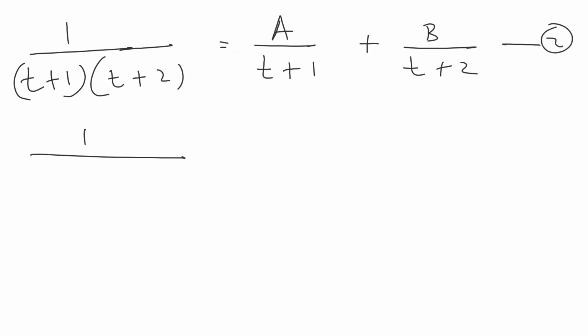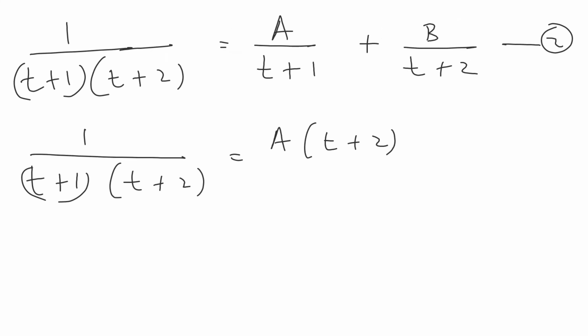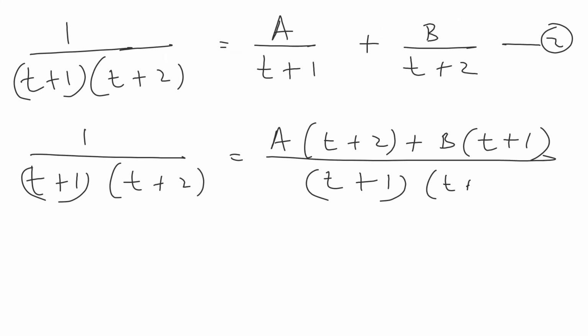Equation number 2, take LCM. a into t plus 2 plus b into t plus 1 upon t plus 1, t plus 2. Both the denominators will get cancelled and we'll get equation number 3.